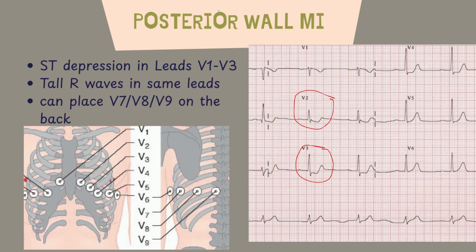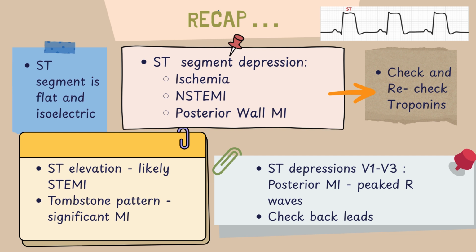Okay, before we close, let's do a quick recap to tie it all together, because I know this is complex. ST segment should be flat. It's isoelectric. If it's not, something's off. ST segment depression can mean ischemia, such as unstable angina, a NSTEMI, or posterior wall MI. We confirm a non-STEMI with elevated troponins, and we repeat them to catch delayed rises.